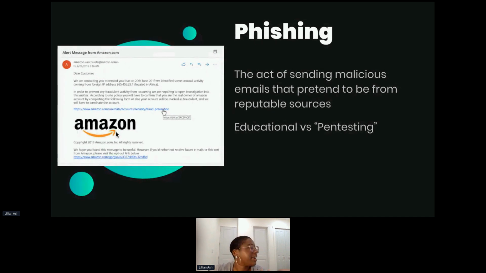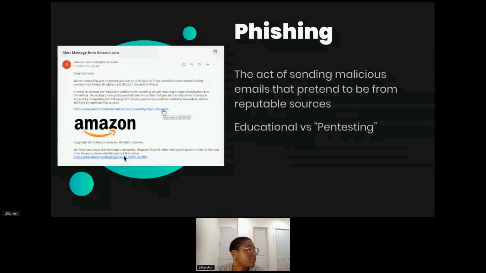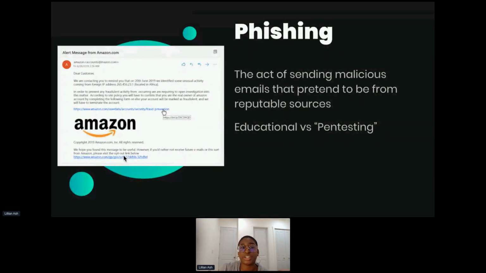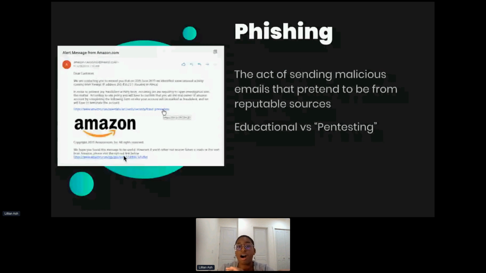I don't know if you see here at the bottom where it says, "We hope you found this message to be useful. However, if you'd rather not receive future emails of this sort from Amazon, please visit that opt-out link below." And there's another link. There's bad spacing. Personally, whenever I have received an actual security message to authenticate or verify my account, they wouldn't ever tell me to stop my subscription or not receive future emails.